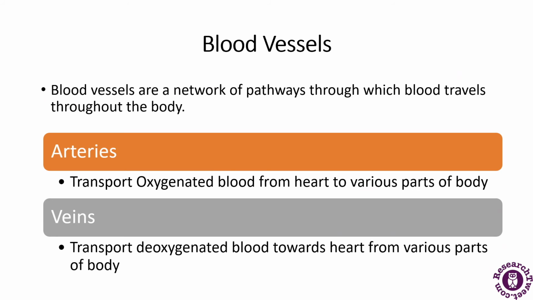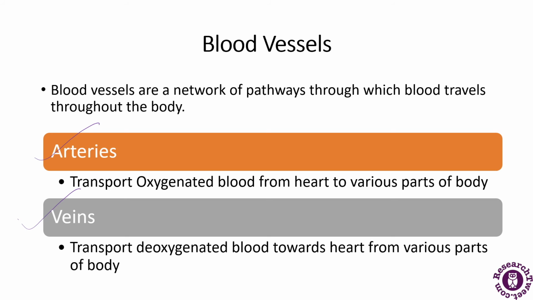Now we will talk about the blood vessels. Blood vessels are a network of pathways through which blood travels throughout the body. Arteries and veins are the two primary types of blood vessels in the circulatory system. Arteries transport oxygenated blood from the heart to various parts of the body.